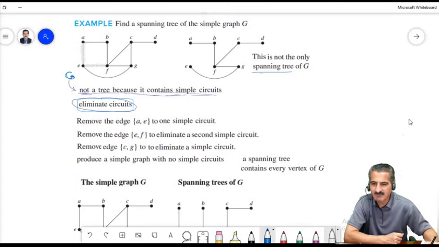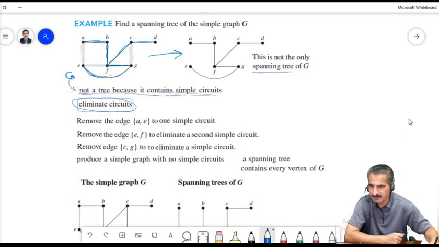And we still have one more circuit, C, F, and G. If we delete this edge in here, we get the spanning tree. Now the remaining edges, this one and this one in here, make a tree, and together they produce a subgraph of G that contains all the vertices, right?